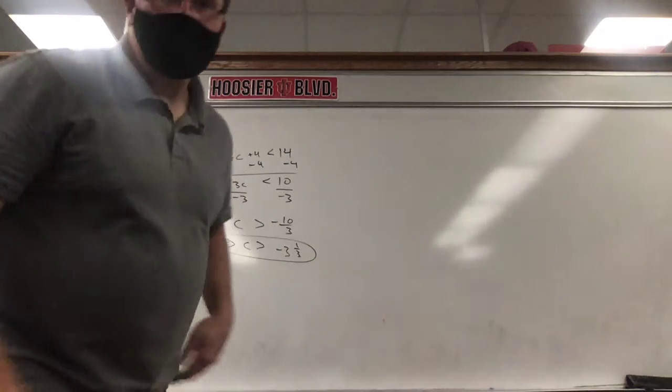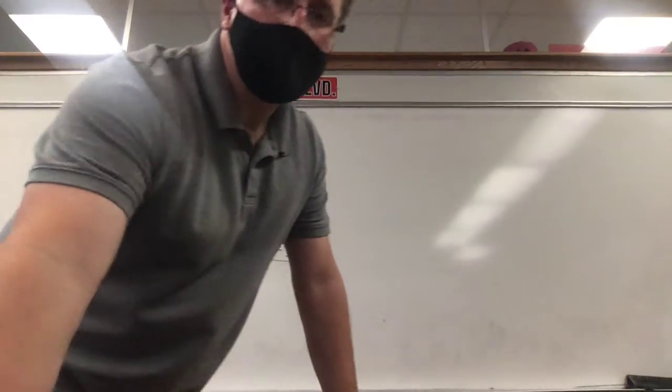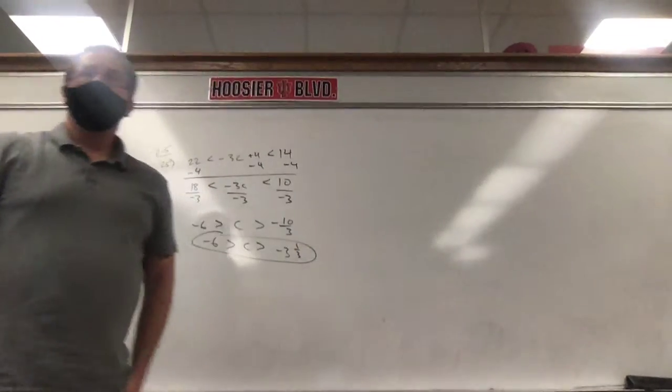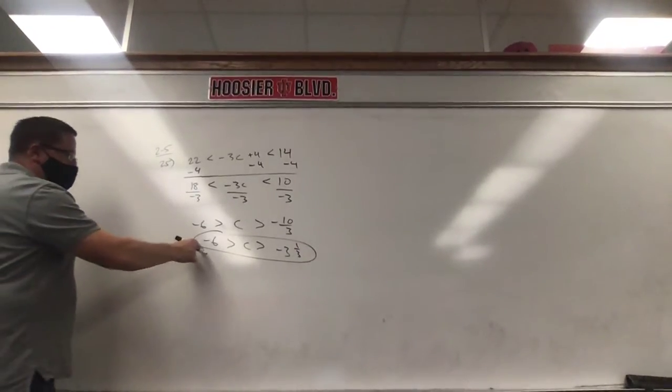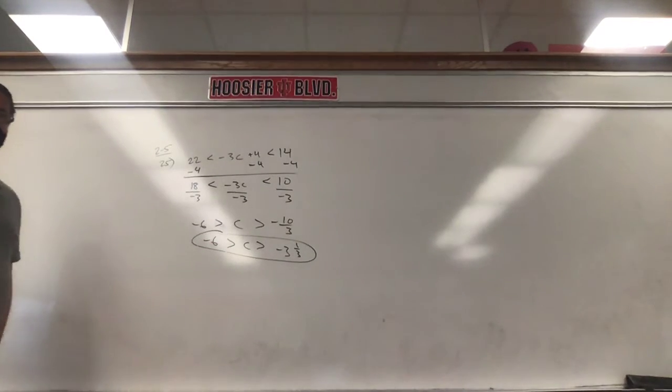Okay? Negative 6 is bigger than c. That's not a choice either, and that's okay. Instead of saying this is bigger than c, which is bigger than this, we're just going to reverse everything.